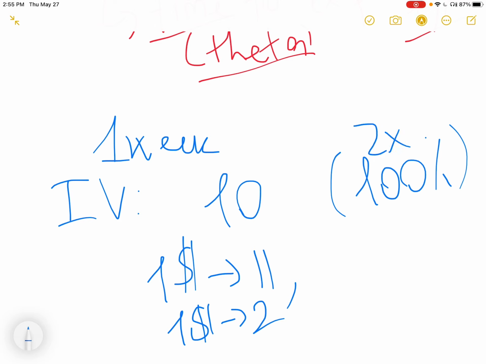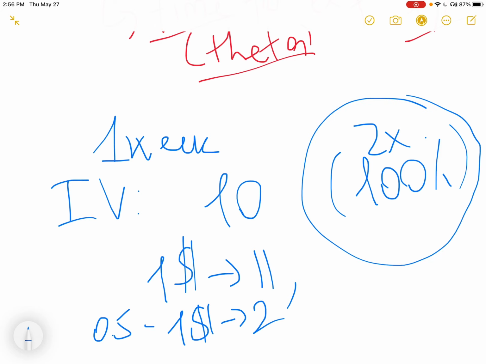Or if it's in the opposite direction, then it's going to go down to 50 cents. So when you buy, that's why you don't want to own a contract that has high volatility. This usually happens around stocks that have high volume or around earnings dates.